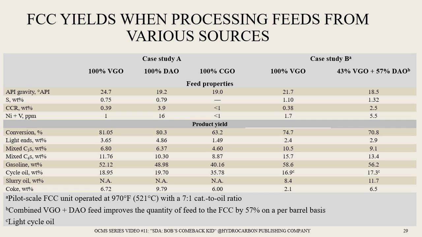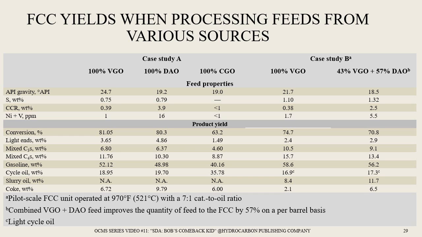As shown in this table, to compare the impact of various streams on the FCC, workers from KBR presented experimental FCC yields from 3 different feed streams. In case study A, 100% vacuum gas oil, or VGO, 100% deasphalted oil, or DAO, and 100% coker gas oil, or CGO, were used.